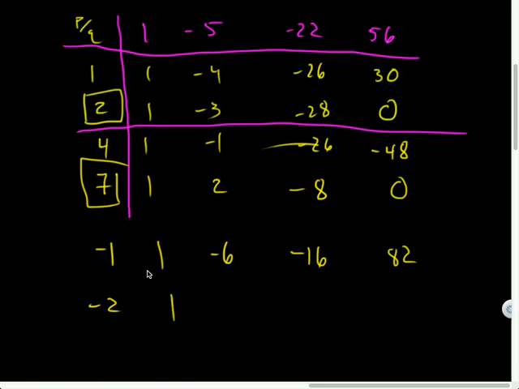We'll try negative 2. So let's see, negative 2, negative 5 is negative 7. 7s are good in this one, I think. 14 and negative 22 is negative 8, and 16 and that. Wait a minute. Is that also 82? No, wait a minute.